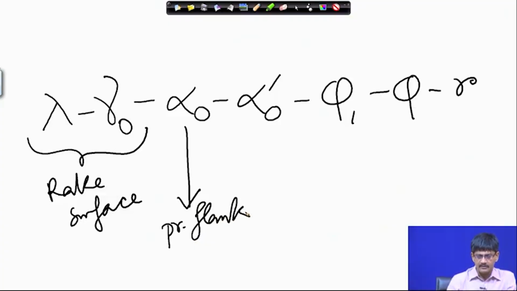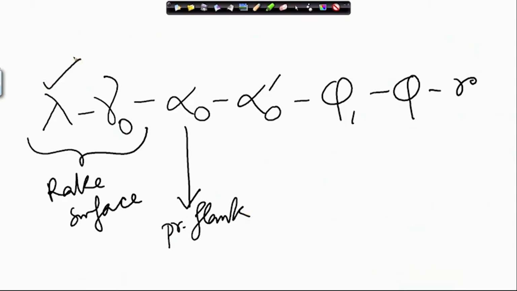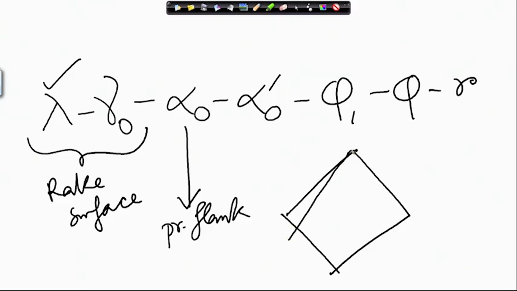You might say, can the principal flank be defined completely this way? Just a single angle is there? Well, some information is going to come from this one. Okay. For example, suppose I define the rake surface with these two, and on that I define the principal cutting edge.